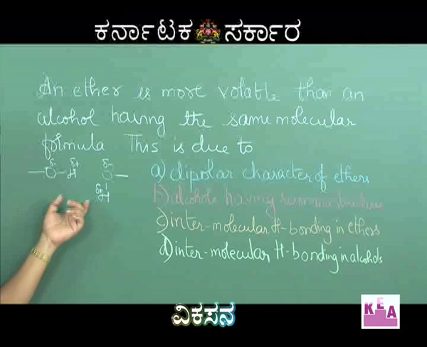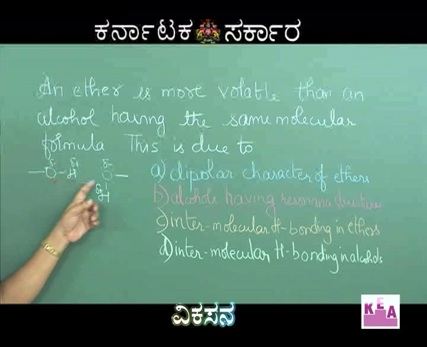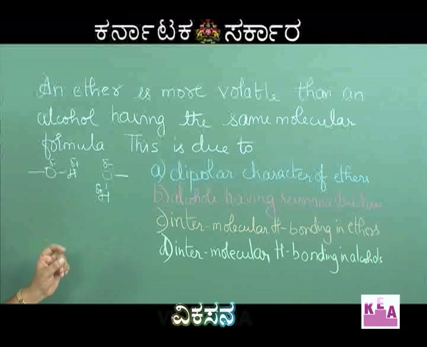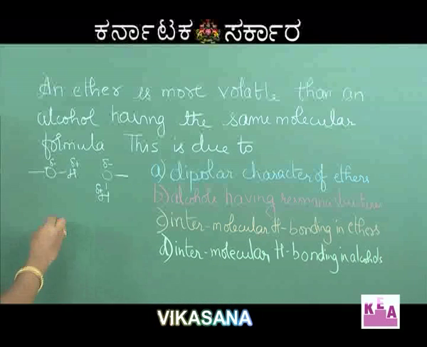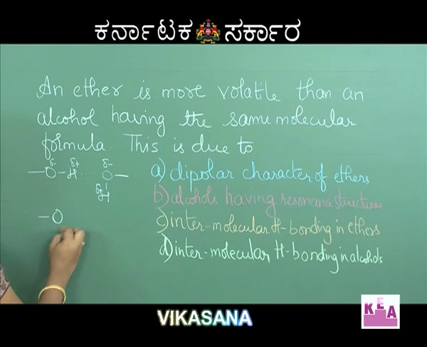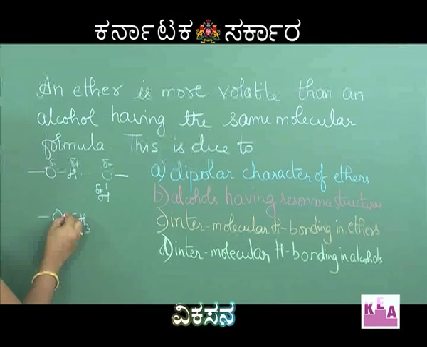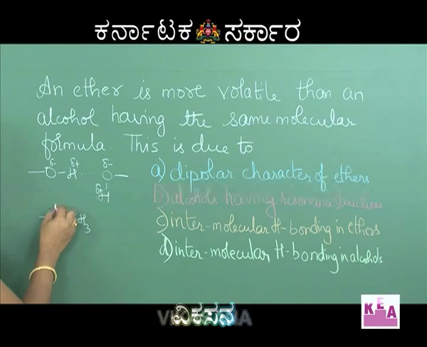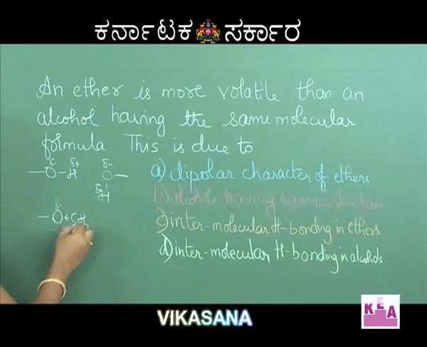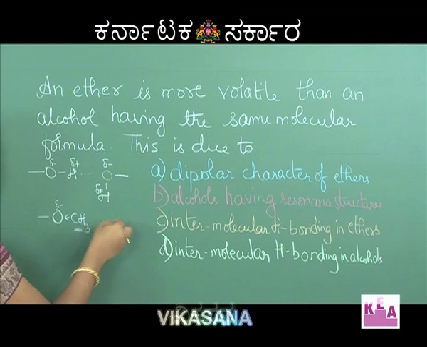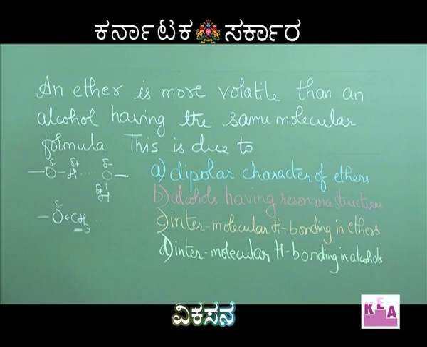Therefore, alcohols will have intermolecular hydrogen bonding, whereas ethers have OCH3, and we know that the CH3 group has a plus I effect. Though oxygen will be delta minus, there exists no hydrogen which can form hydrogen bonding with one more ether molecule.